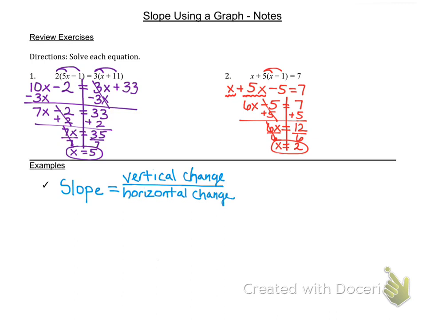And you've probably heard this before, rise over run, that's another way to think of it. So when we think vertical change, think about the change that moves up or down, and for horizontal change, that's moving left or right.